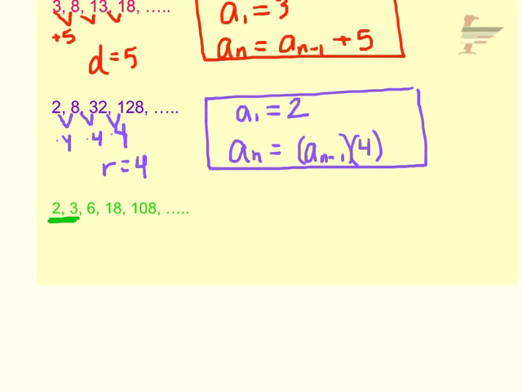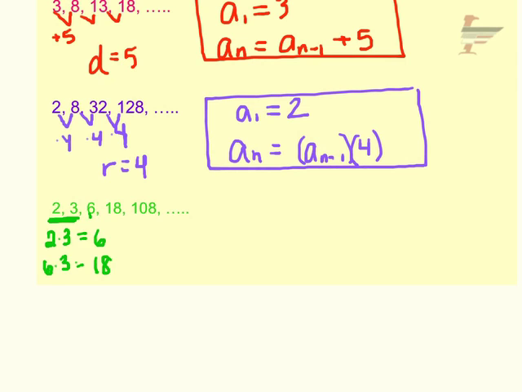So if you have a 2 times 3, can you see how if we take the 2 times the 3, we will get 6, which is our next term. Now let's take the next 2 terms, 6 times 3, and see how we're getting 18, which is the next term. And then take the 2 terms, 6 times 18, and we'll get the 108. So that's the pattern. If you multiply the 2 previous terms, you'll get the next one.